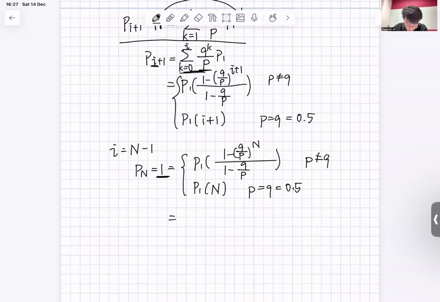So we can swap this P1 out. So we have P1 equals to, and then this is 1 over n.